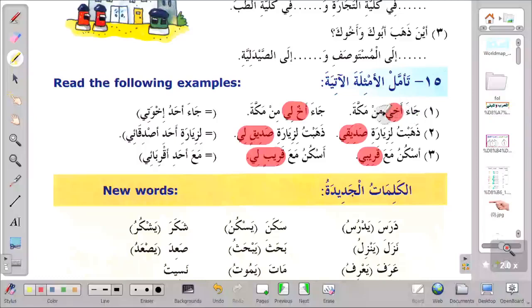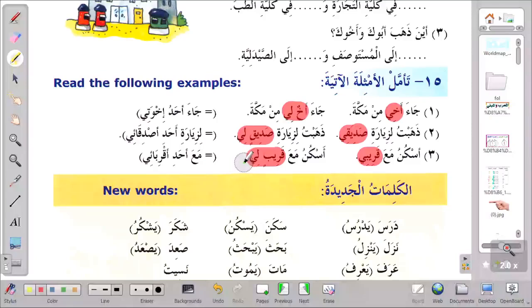So we see جاء أخي, my friend came من مكة, from Makkah. Then جاء أخ لي من مكة, a friend of mine. So when we say أخي, it means my friend. But if I say أخ لي, a friend of mine, the same way if I say صديقي, it means my friend. صديق لي, a friend of mine. قريبي, my relative. قريب لي, a relative of mine.